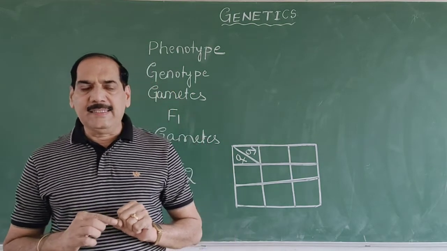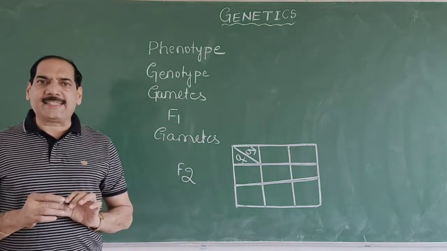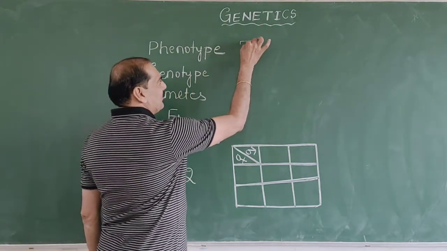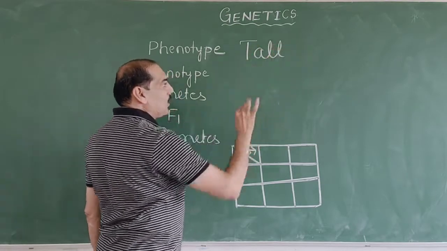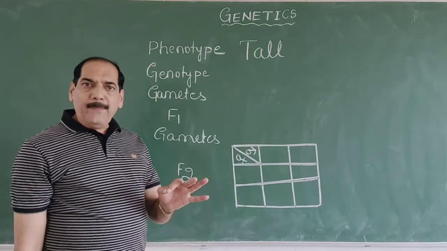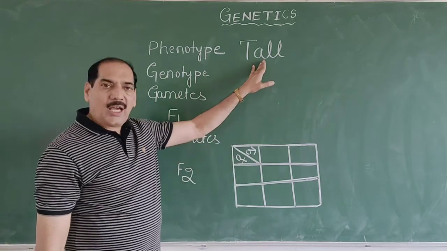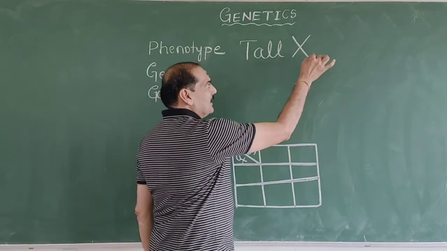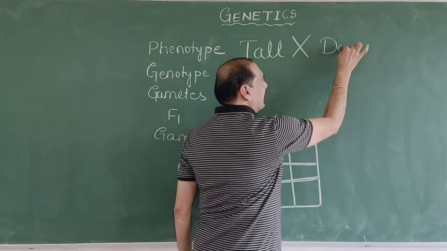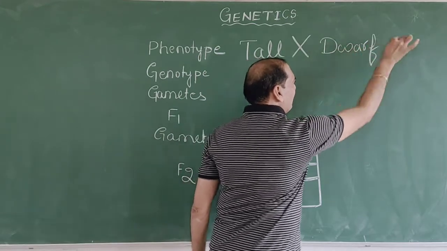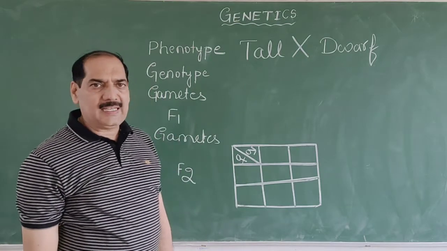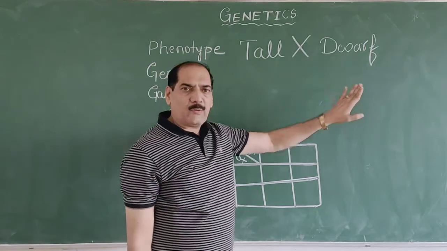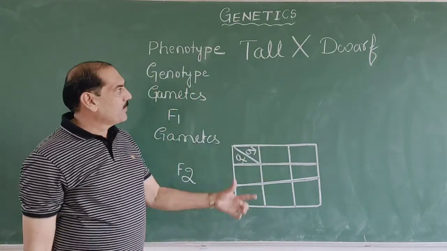In that cross, he selected two varieties of pea plant. One variety was tall. Mendel crossed tall variety of pea plant with a dwarf variety of pea plant.